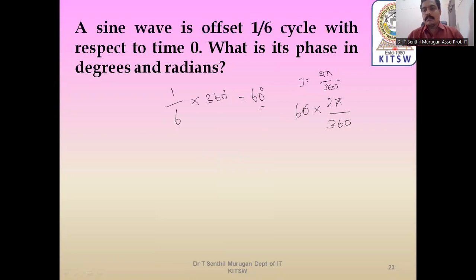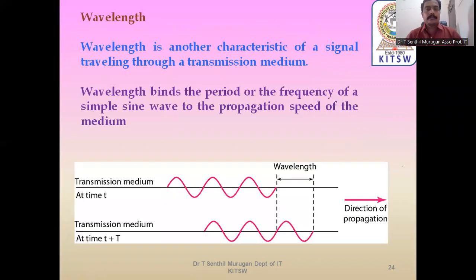What is the value that will come? 6π by 18, which equals π by 3 radians. So 1 radian equals this value, and 60 degrees means π by 3 radians. What is the value of π by 3? It is 1.046 radians. So this is the calculation.